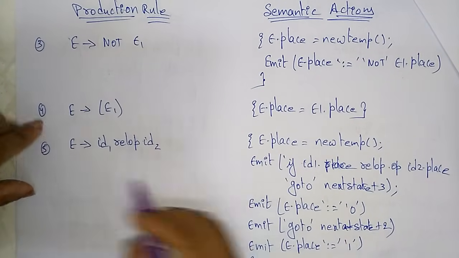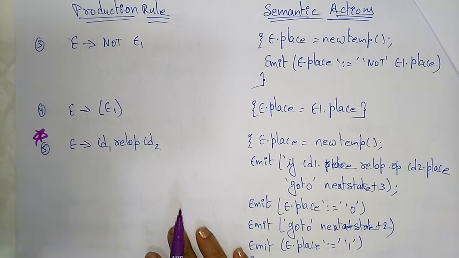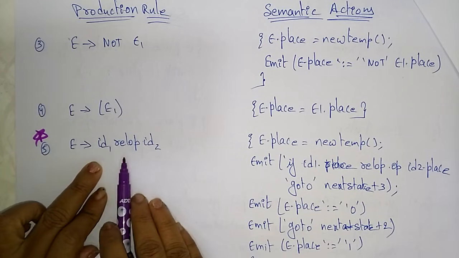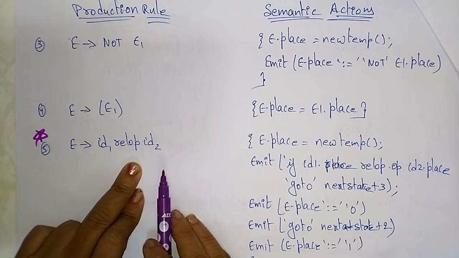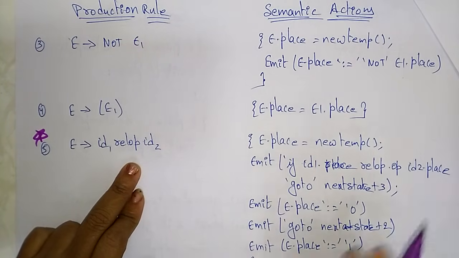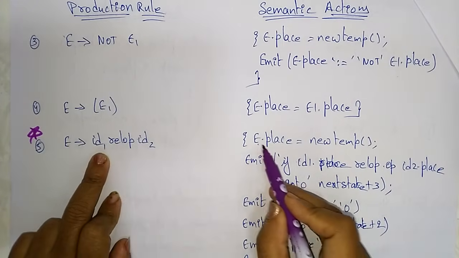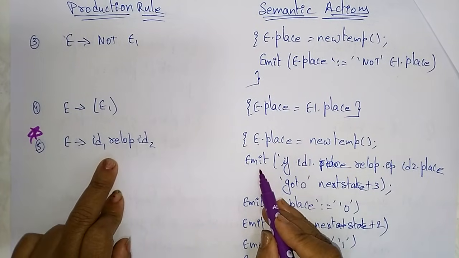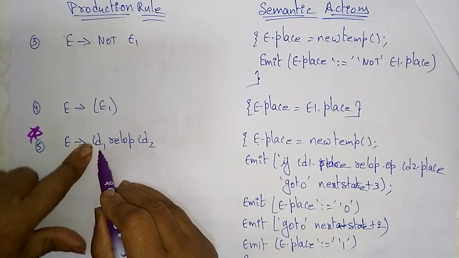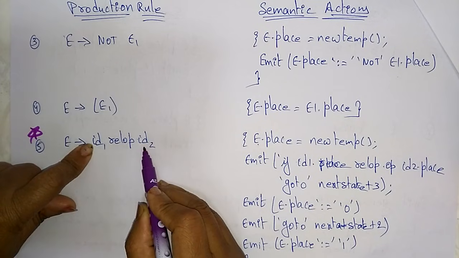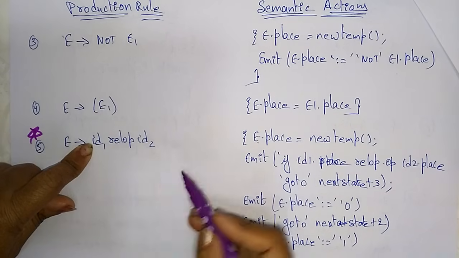Now coming to this one, this is a very important production, so we'll take a separate example for it. E determines ID1 relational operator ID2. Here we need to check the conditions, less than, greater than or not equal. E dot place is a temporary variable, and emit if ID1 dot place relational operator ID2 dot place, go to next state plus 3.